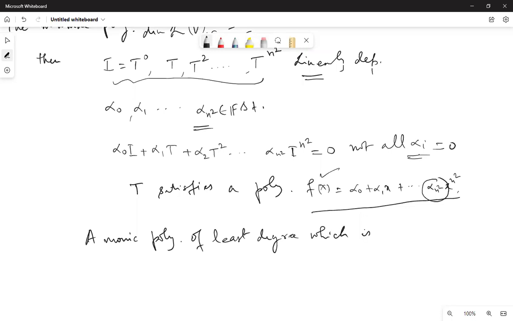Which is satisfied by T. Right? The monic polynomial of least degree which is satisfied by T is known as the minimal polynomial of T. Okay.